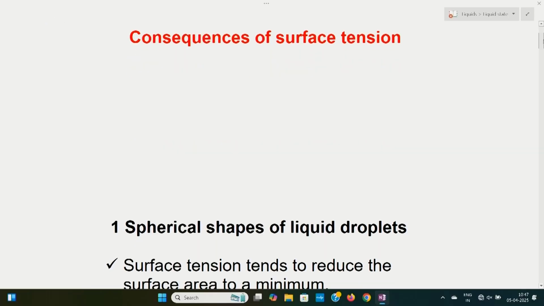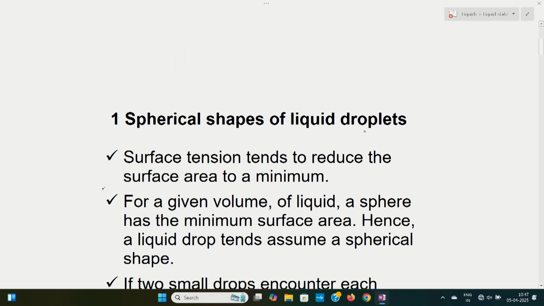First, we will discuss the spherical shapes of liquid droplets. This is the first consequence. We know that because of the surface tension, the liquid at the surface will try to reduce the surface area.